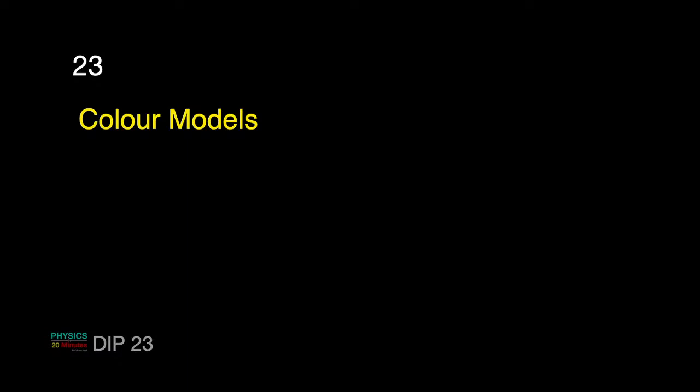But for mathematical purposes, for representation purposes, particularly for representation in terms of computer algorithms, the perceived colors must be modeled in some digital, numerical values. So that is what we are going to understand in this class. We are going to talk about color models.